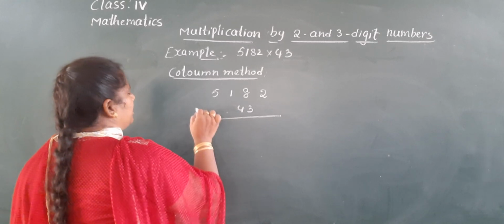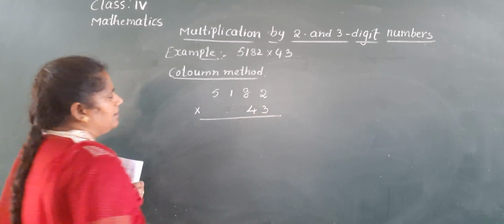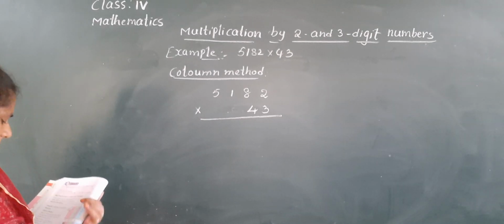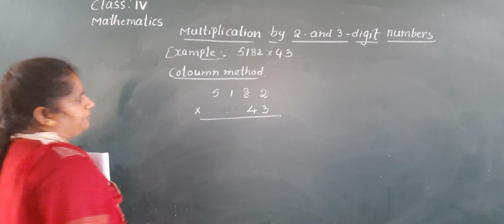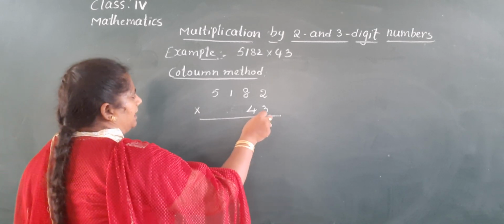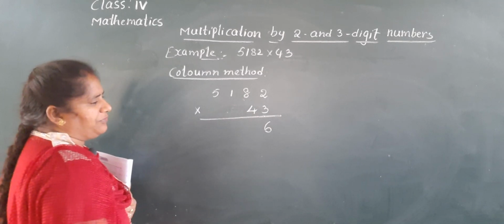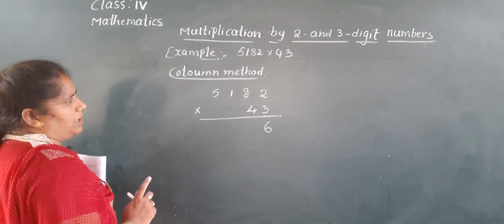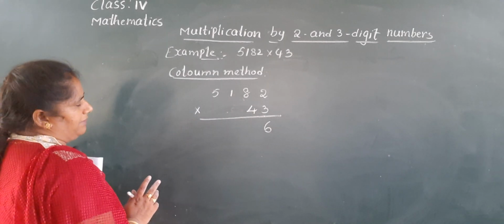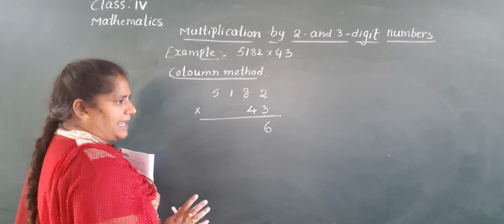Now we'll keep this outside and we will write 43 here. Okay? So first you multiply from the ones place digit. What's the ones place here? 3. 3 2s are 6. 3 8s are 24. So my dear children, watch the video carefully, how I will do this multiplication. Watch it and you also practice the same way.